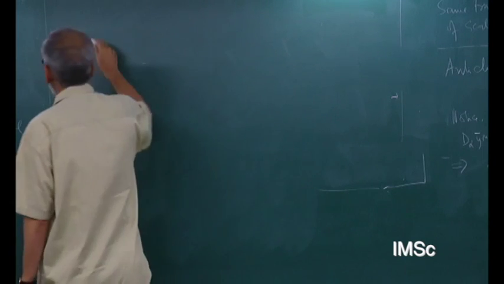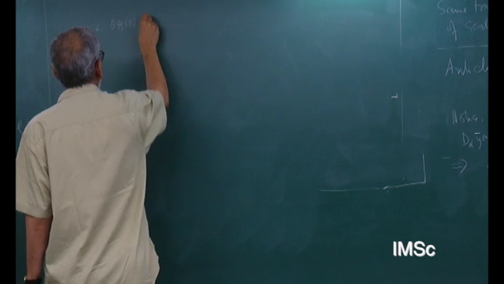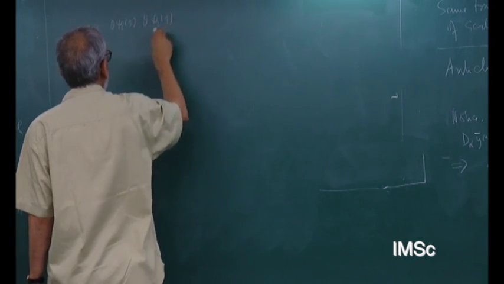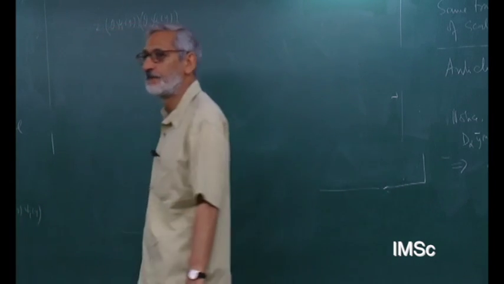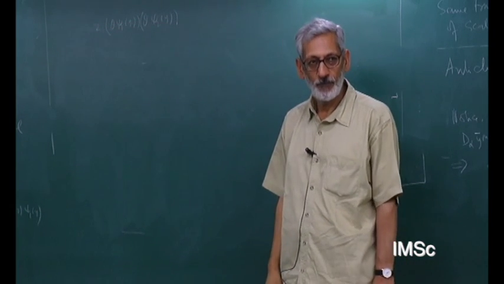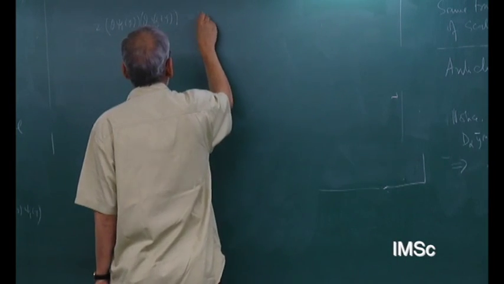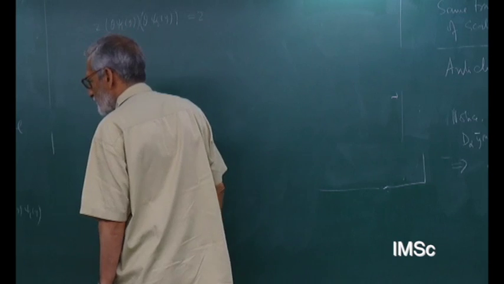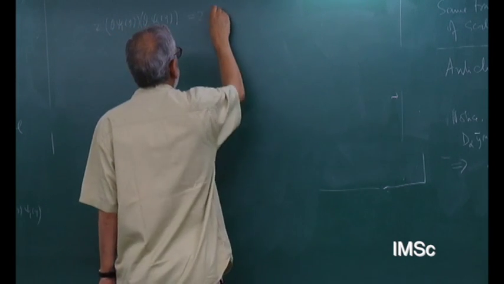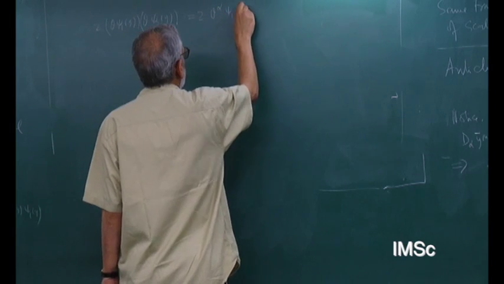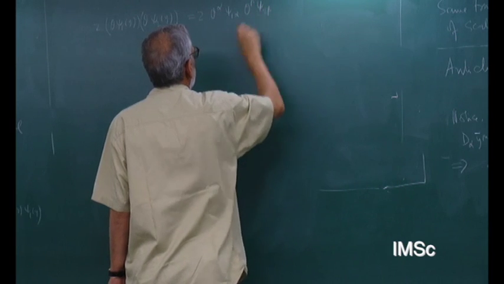So there is also a term 2 theta psi 1 of y theta psi 2 of y. Write this as 2, is it 2? Yes. Theta alpha psi 1 alpha theta beta psi 2 beta.